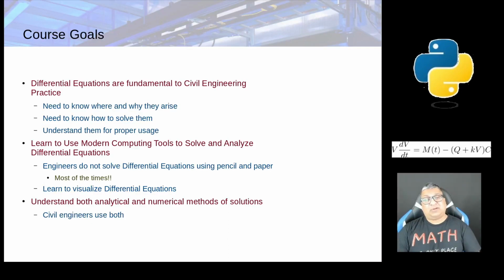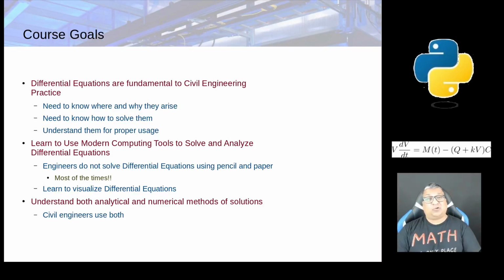So differential equations can be solved in many different ways. The two broad ways or two broad classifications for solutions are what are known as analytical solutions and numerical solutions. Analytical solutions are exact solutions that are solved using mathematical principles.